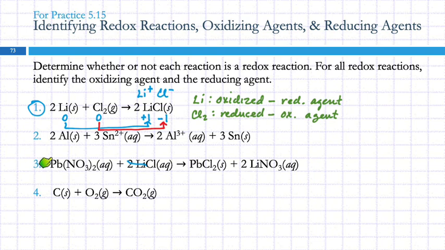Equation 2. Is this a redox reaction? Look what aluminum is doing. The ions, it gained, so yeah, the charges are changing. So this is a redox reaction. And we have aluminum going from 0 to +3.